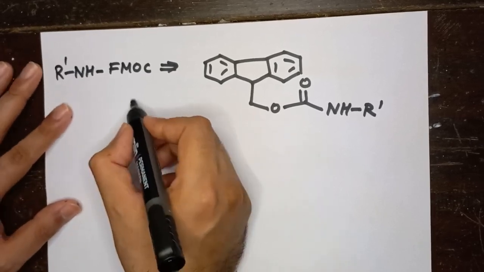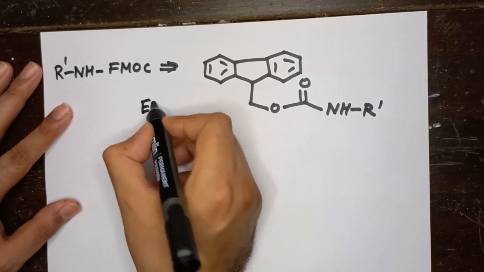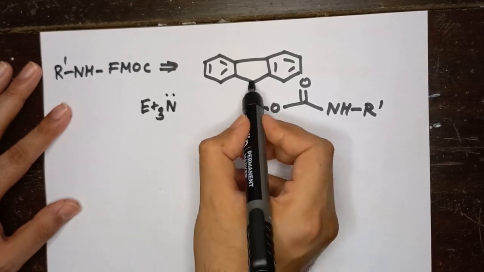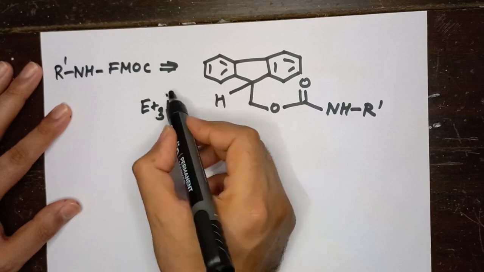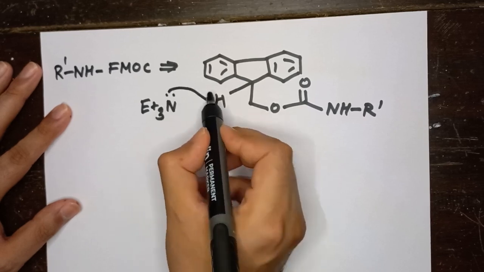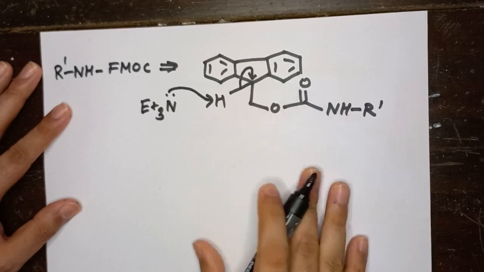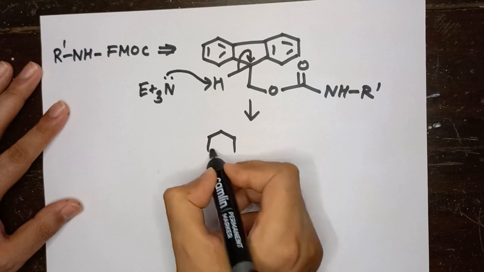Now suppose I have an amine base, let's say triethylamine. If you look closely, the hydrogen sitting here is very acidic. So this can grab this proton and it will generate a carbanion at this position.